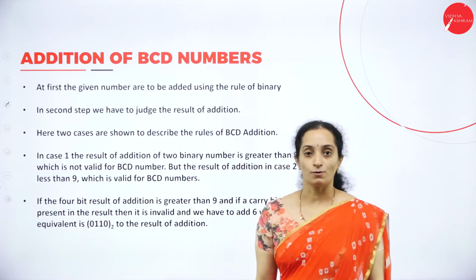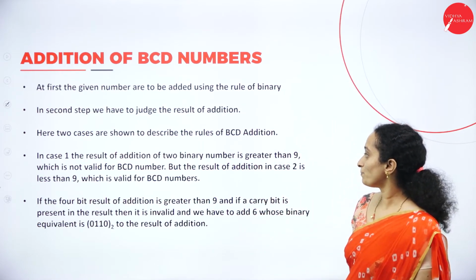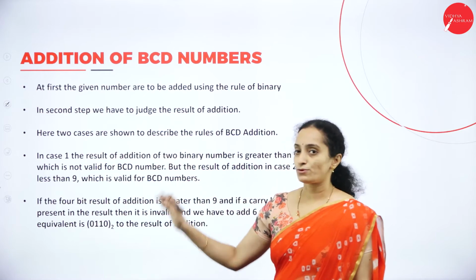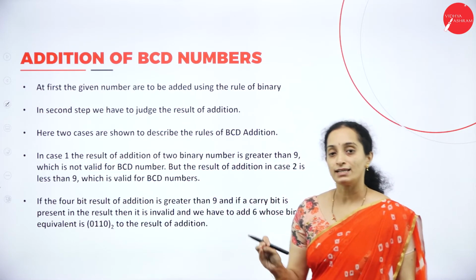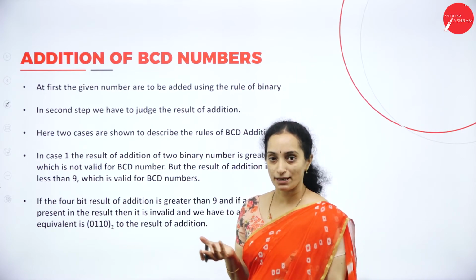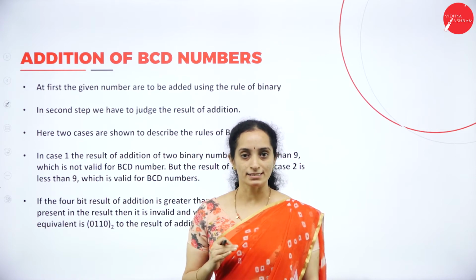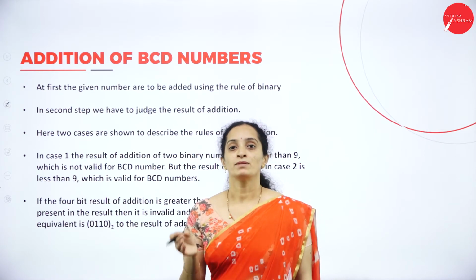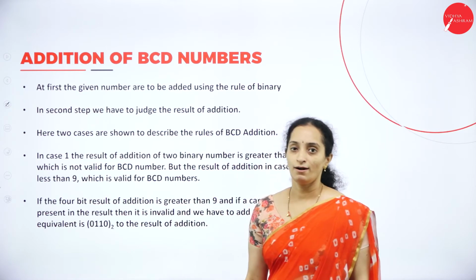Okay, there is an operation of addition in BCD numbers. How you perform it is, you have to add the numbers. If the result exceeds decimal 9, you have to add a decimal 6 or binary 0110 to the value.